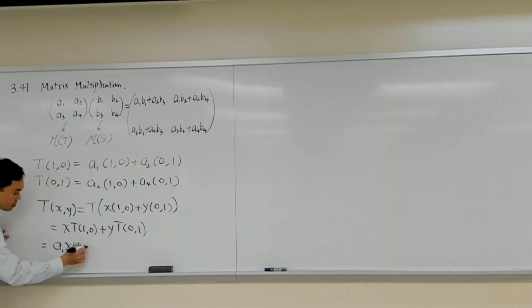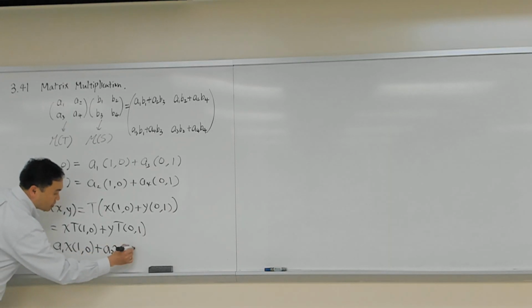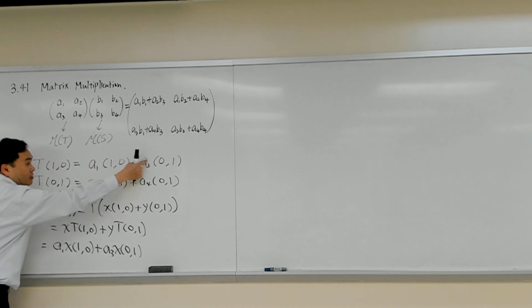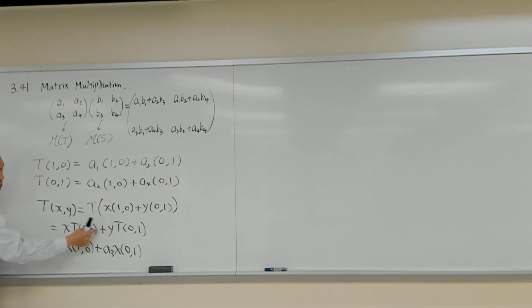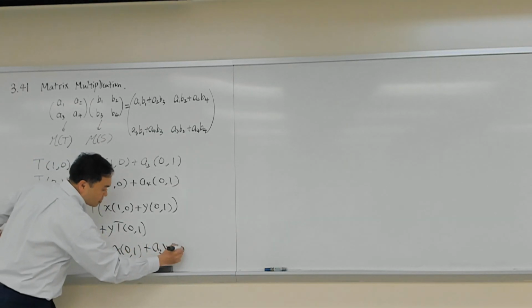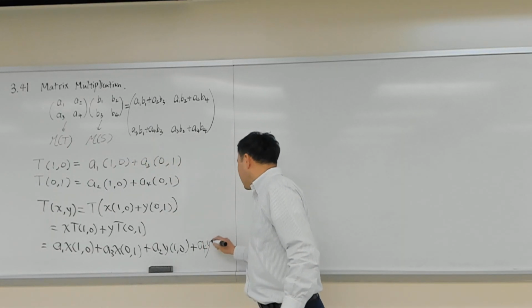We get A1x (1,0) plus A3x (0,1). That's just for this. Okay, I just multiply x here and there. And then this one will give you A2y (1,0) plus A4y (0,1).